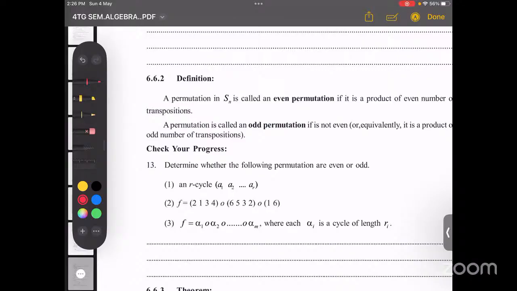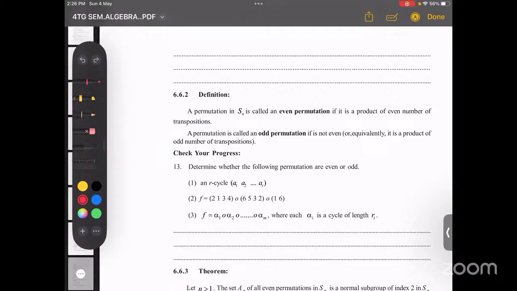A permutation in Sn is called an even permutation if it is a product of an even number of transpositions. So if it has an even number of transpositions, then it is called an even permutation. A permutation is called an odd permutation if the product has an odd number of transpositions.